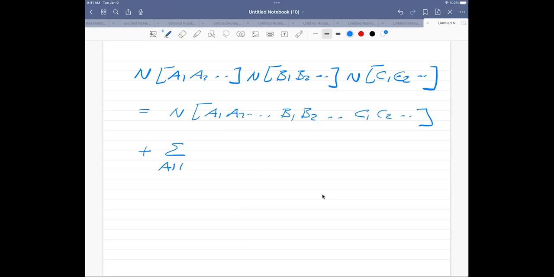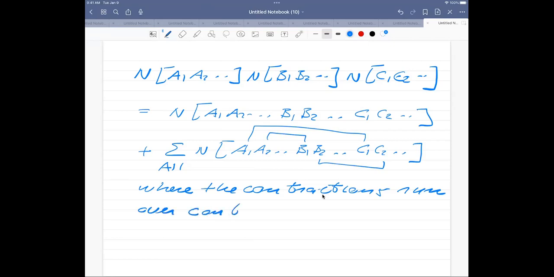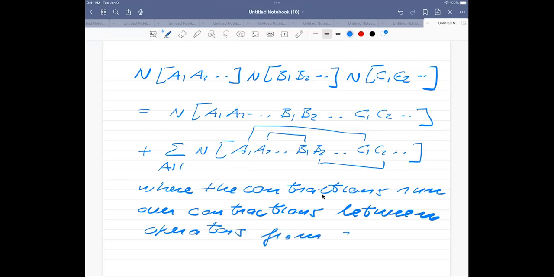So I'm going to write this as the sum over all, and then there's a normal order product of A1, A2, dots, of B1, B2, and C1, C2, where the contractions now only take place between the operators in the normal order products, where the contractions are only running over contractions between operators from different normal order products.